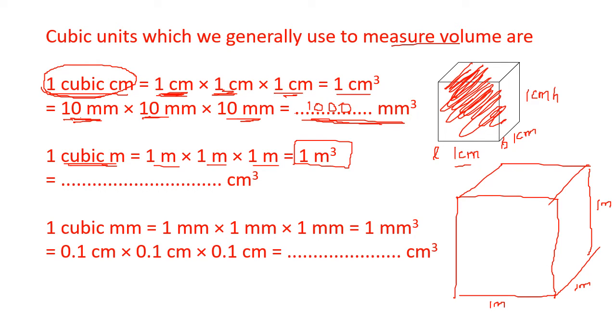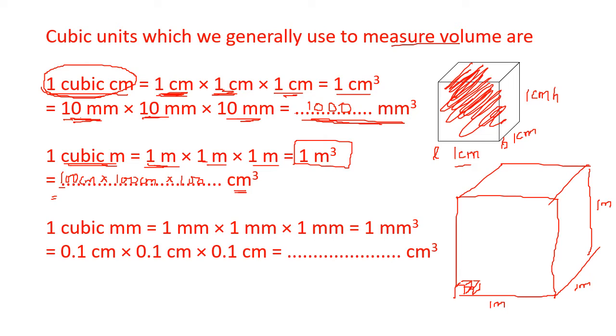To convert the meter cube into centimeter cube, we have to check how many cubes of 1 centimeter can we put inside the box. How many cubes of 1 centimeter can we put in this huge box? So now we'll convert. We know 1 meter is 100 centimeter, into 1 meter is 100 centimeter, into 1 meter is 100 centimeter.